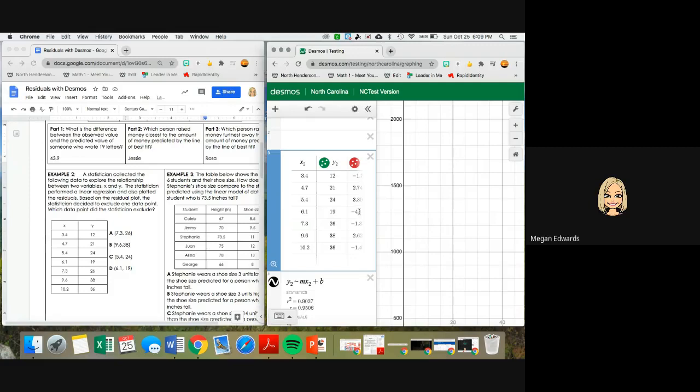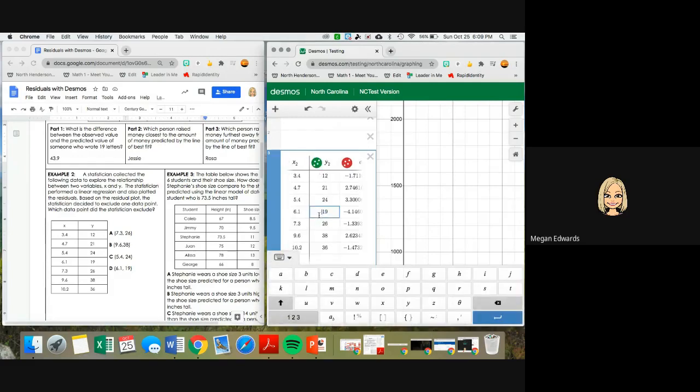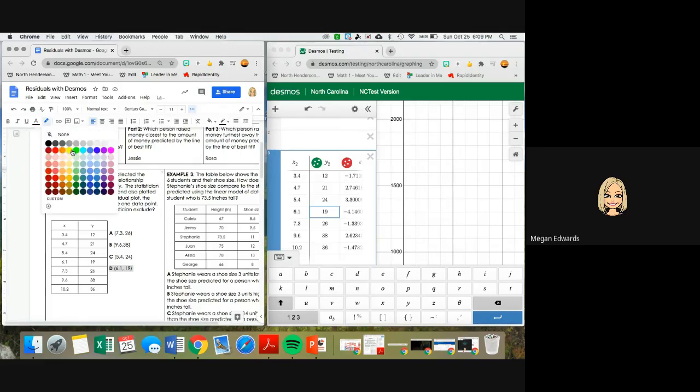So in this case, it is going to be that -4, because that's the biggest number we have. And that falls at the point 6119. That will be our answer for this one.